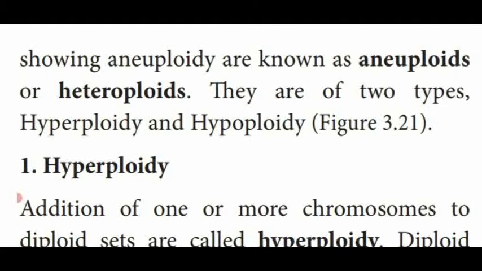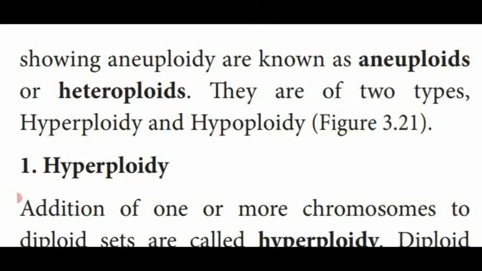Hyperploidy is again divided into trisomy, double trisomy, tetrasomy, double tetrasomy and pentasomy. Hypoploidy is divided into monosomy, double monosomy, nullisomy and double nullisomy. So these are all the different types of aneuploidy and their classification.